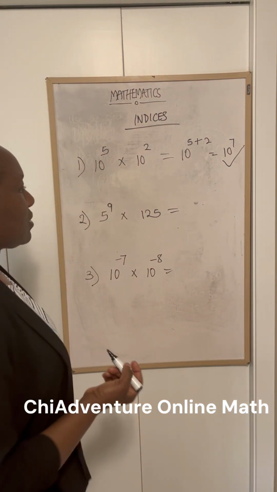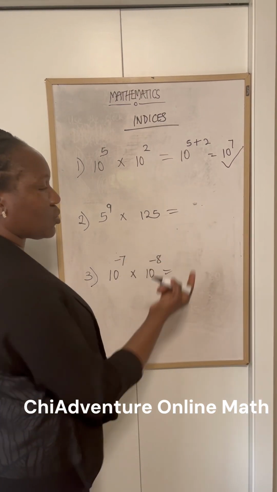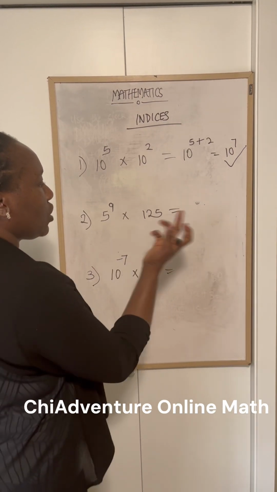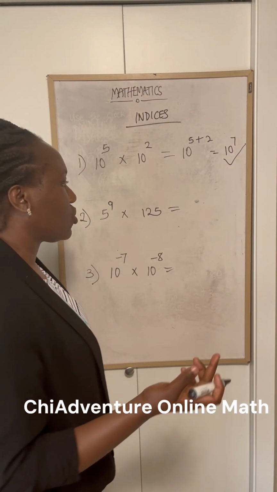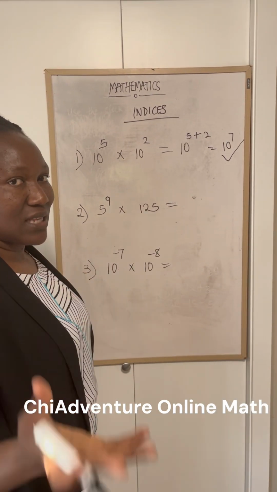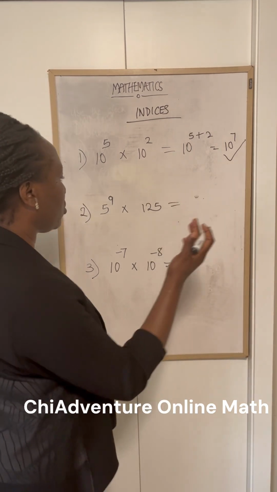So the next question is 5 raised to the power of 9 times 125. So for our base to be the same, what is 125? So 125 is 5 in 3 places. That means 5 times 5 times 5 will give us 125.